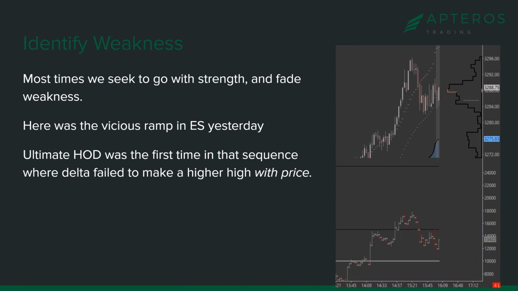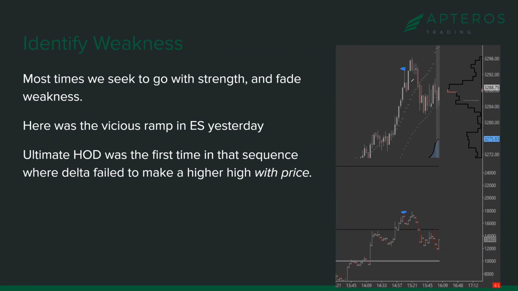So here was the Friday ramp in the S&P. The ultimate high of day, the highest point we got to, 32.96 or whatever up there, was the first time in that sequence where Delta failed to make a higher high as price made a higher high. So what I want you to see is that we made this high corresponding with this.